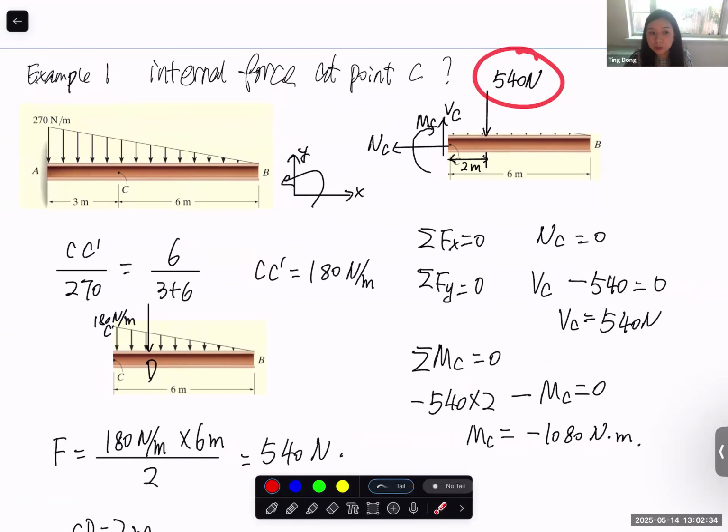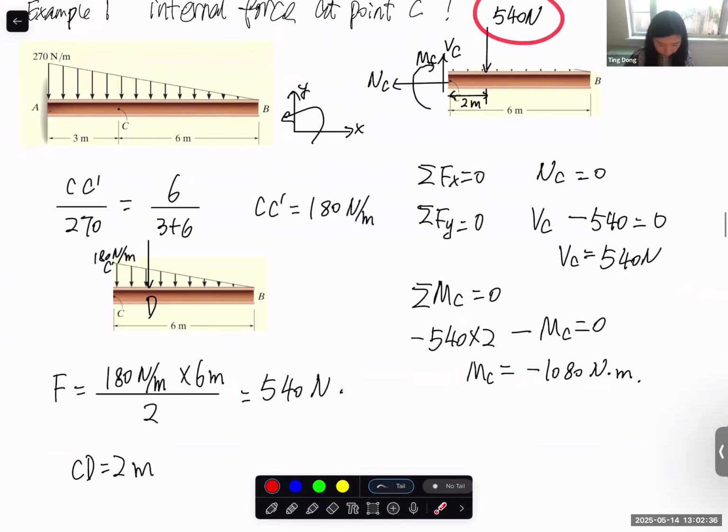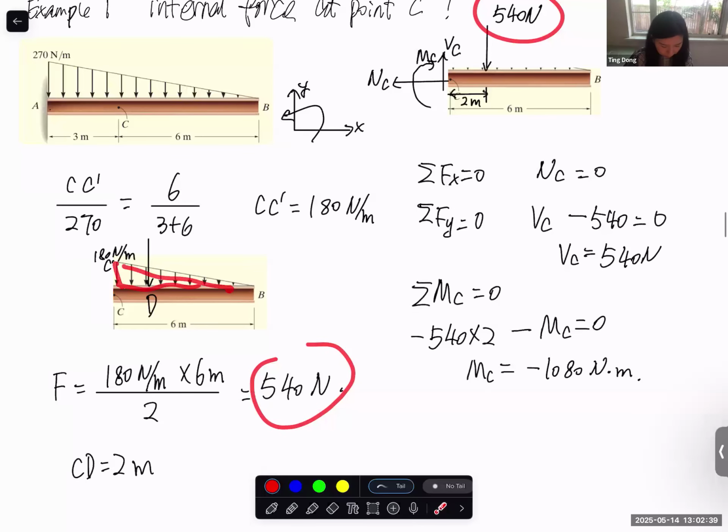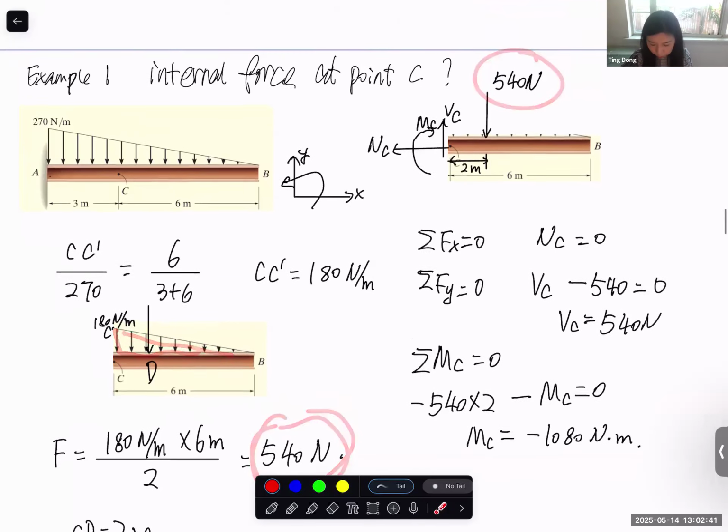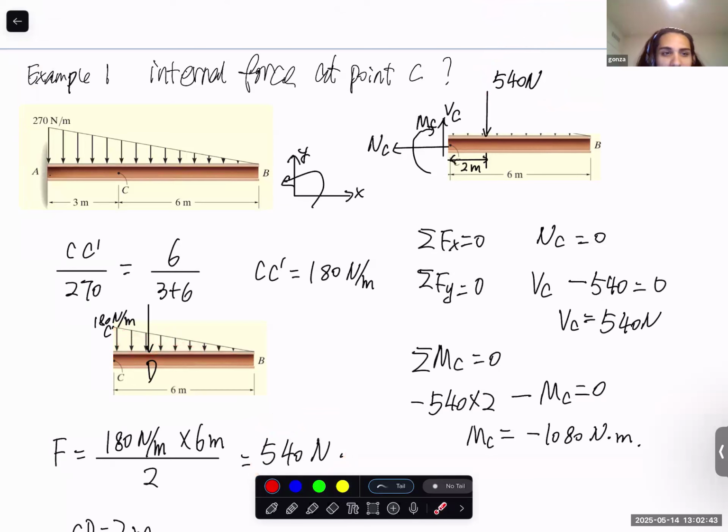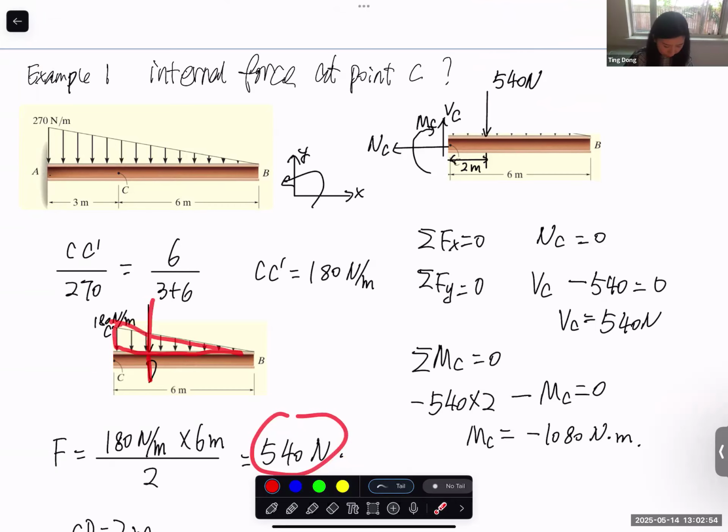Here, equivalent force. We calculate the equivalent force of this distributed load, and it becomes 540, right? That's the distance from C, right? Yes. Okay, I get it. Thank you. Yeah, so for this one, we calculate the equivalent concentrated force as 540, and we know it should be applied through the centroid of this triangle.